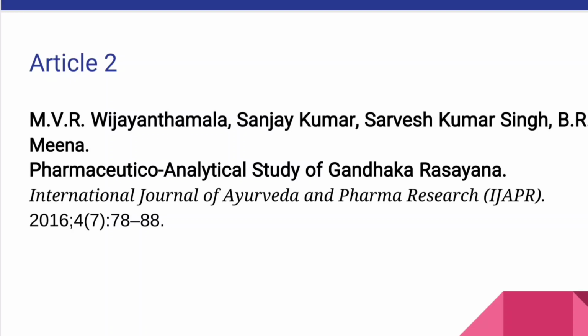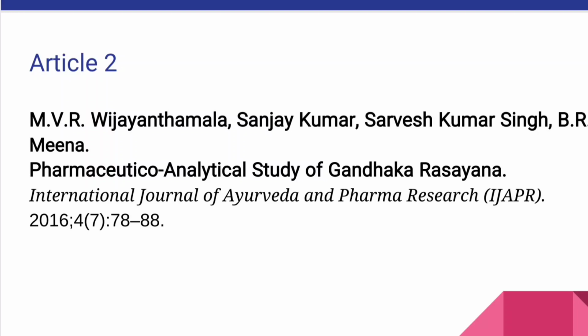Fourth analytical finding is the total ash value, which was found to be 3.86%. This test measures total inorganic residue left after complete burning. This indicates the purity of the medicine, the presence of unwanted dirt or inorganic impurities. So low ash value means less contamination, less unwanted inorganic matter, good purification and better quality.